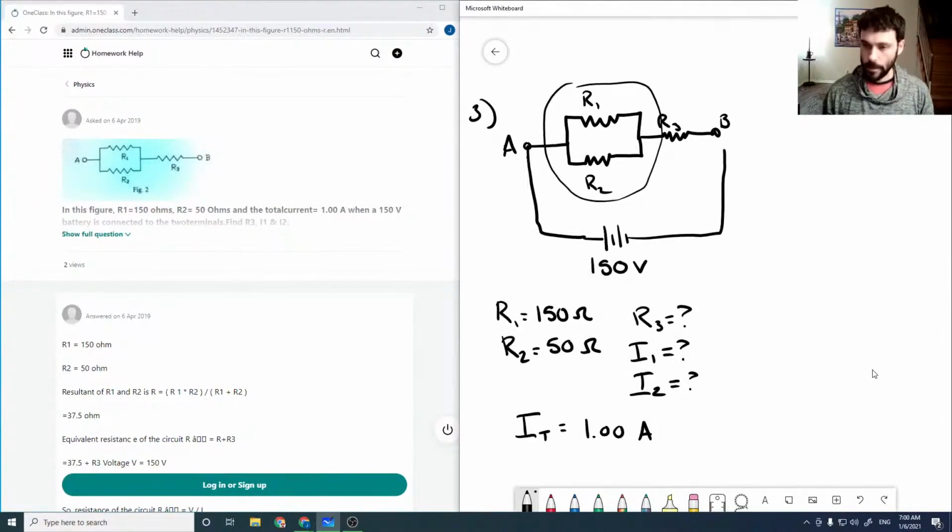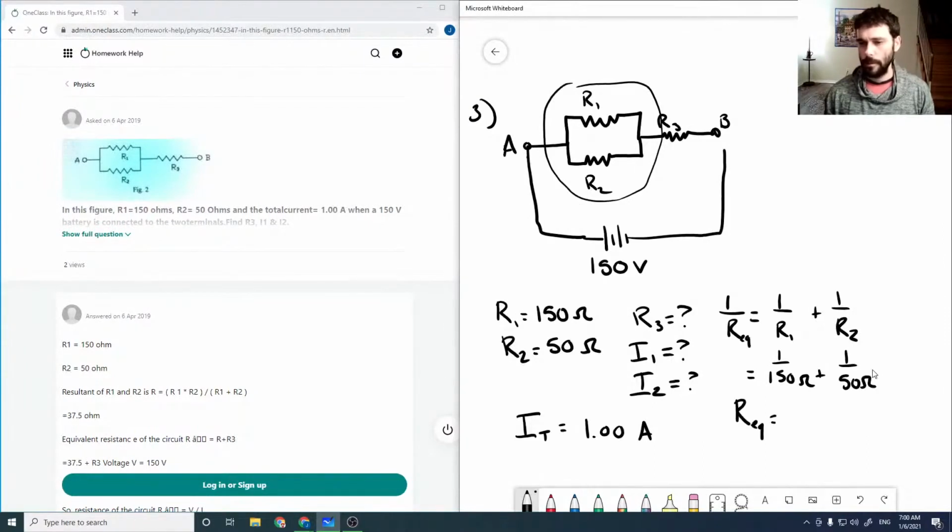So our equivalent resistance is given as 1 over R is 1 over R1 plus 1 over R2, which is 1 over 150 ohms plus 1 over 50 ohms. And so our equivalent is 37.5 ohms.